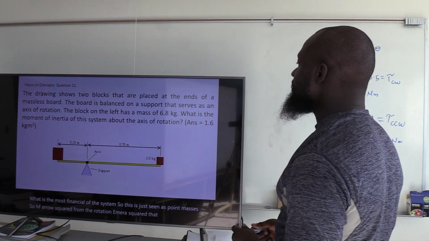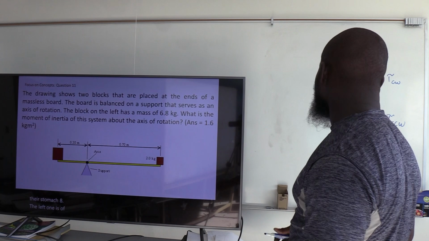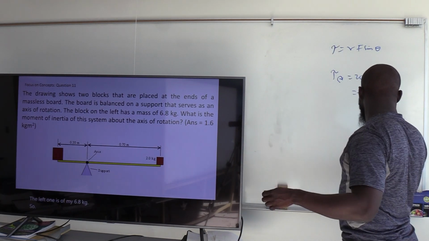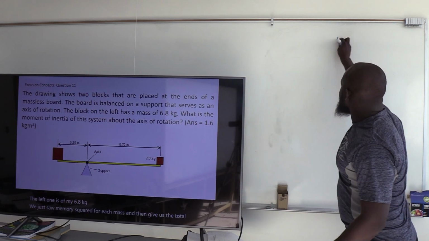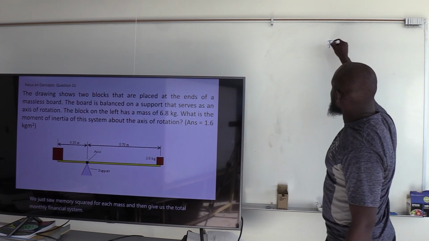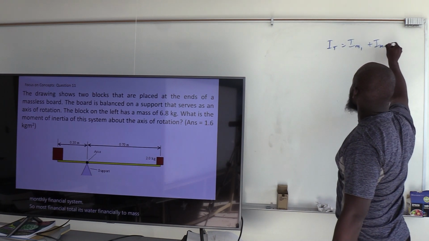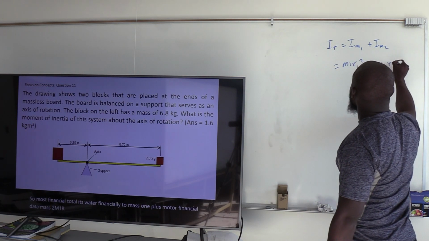Is that okay? So the left one is of mass 6.8 kilograms. We just sum m r squared for each mass, and that gives us the total moment of inertia of the system. So the total moment of inertia is the moment of inertia due to mass 1 plus the moment of inertia due to mass 2: m1 r1 squared plus m2 r2 squared.